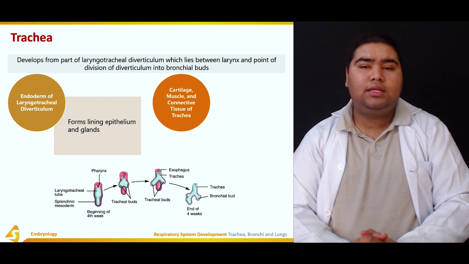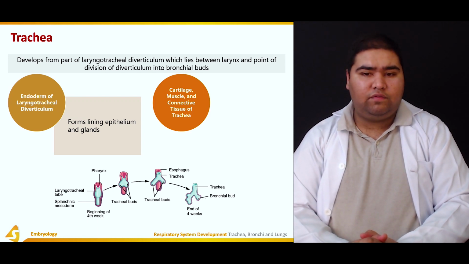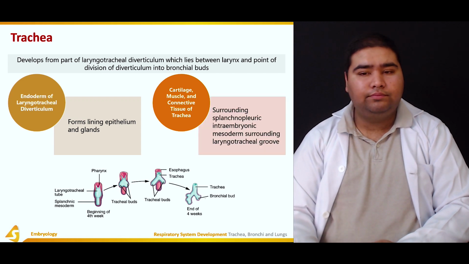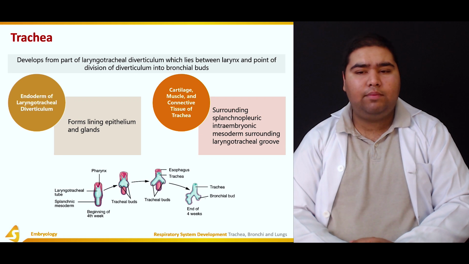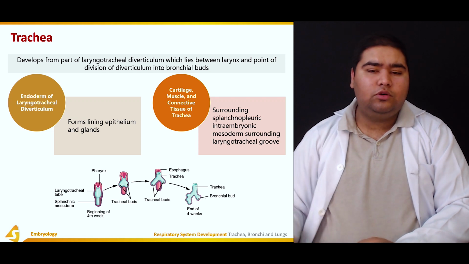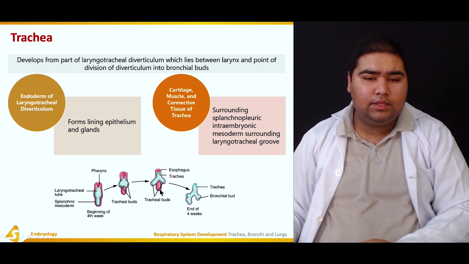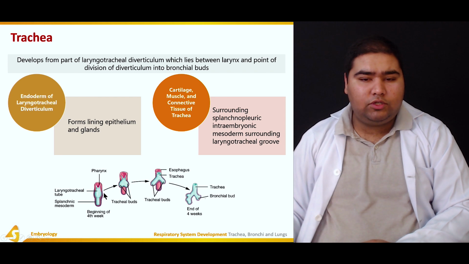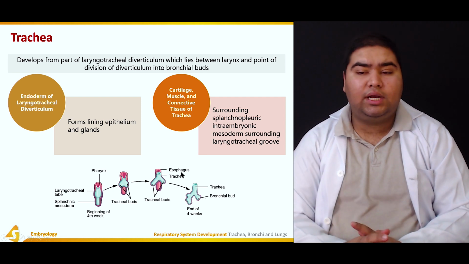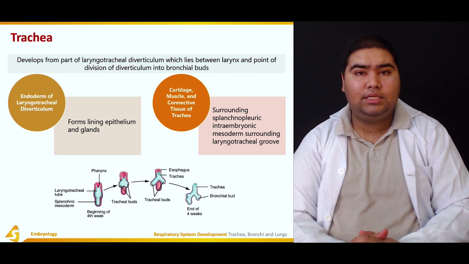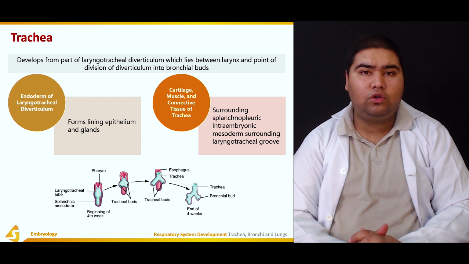The cartilage, the muscle, and the connective tissue of the trachea come from the surrounding splanchnopleuric intraembryonic mesoderm, which surrounds the laryngeotracheal tube. So this splanchnic mesoderm, this in brown, which was surrounding this tube, is responsible for the production of the cartilage, the muscle, and the connective tissue component.